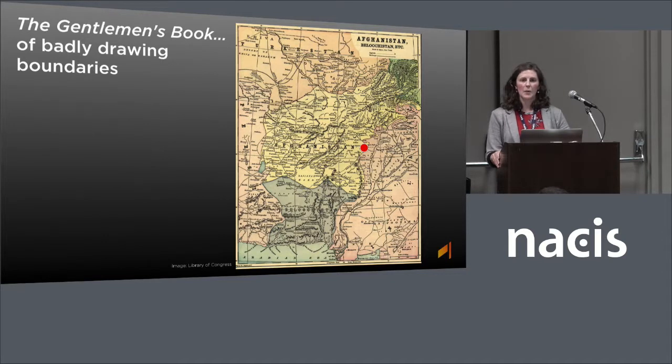Next, we have a much more nuanced example. This is a historic map from the Library of Congress of Afghanistan. They dispute their entire boundary with Pakistan, referred to as the Durand Line, named for the British colonial officer, Sir Mortimer Durand, doesn't get any more British than that, who's responsible for its delimitation.